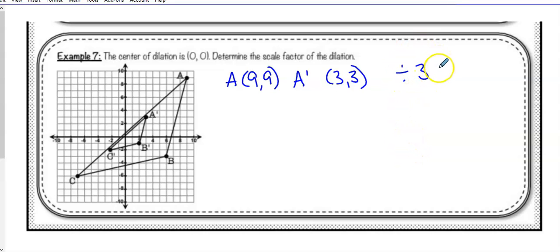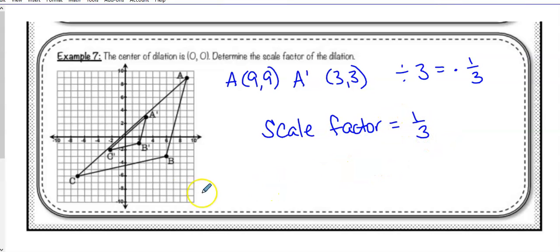So divide by 3 is the same as multiply times 1/3. So the scale factor is 1/3. You can also do another point just to double check yourself and make sure that if you divide the other ones by 3 that you get the same thing, because you should get the same thing no matter whether you use A, B, or C.